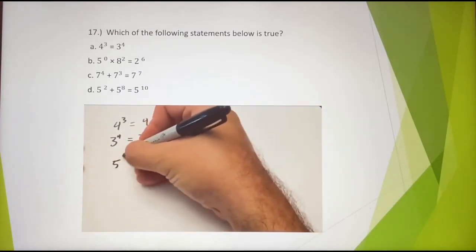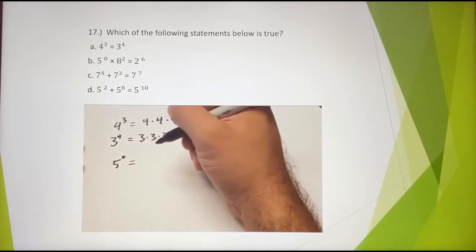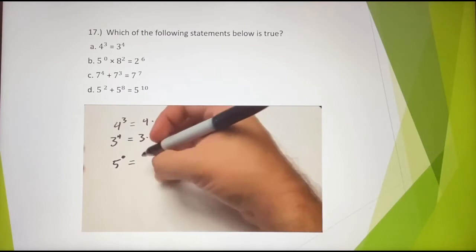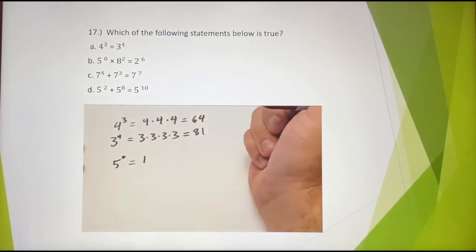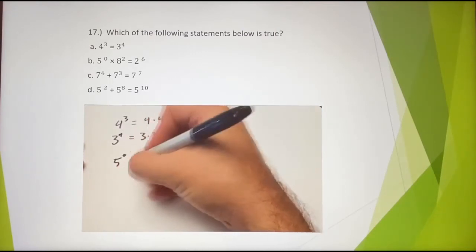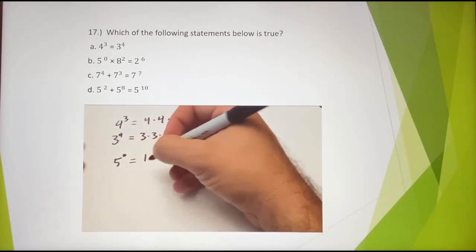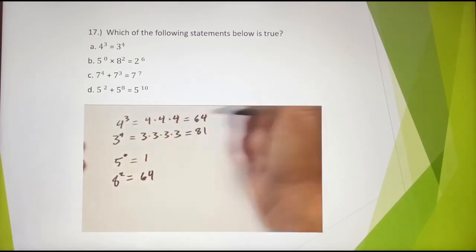B, we have 5 to the 0. So any number raised to the 0 power, except for 0, is always going to give us 1. So that tells us that we have 1 times 8 squared. 8 squared is 64.